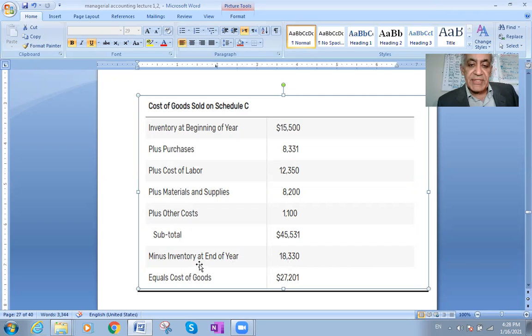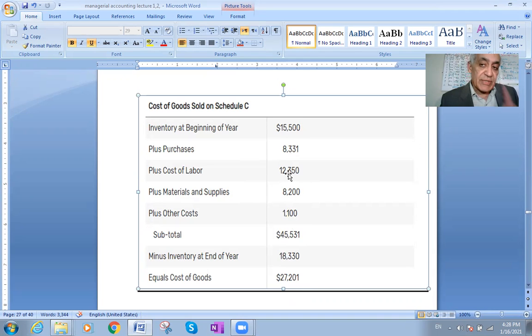The inventory at the end of the year was 18,330. Then the cost of goods sold will be 45,531 minus 18,330, which gives me 27,201.